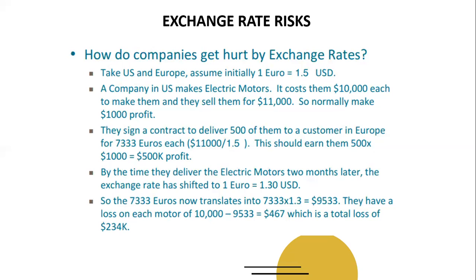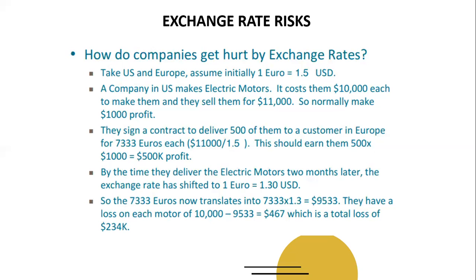So based on today's exchange rate, I will pay you 7,333 euros for every single electric motor that I buy. And the way they did that is they took 11,000, which was the selling price, and they converted it into euros. So basically they divided it by the exchange rate of 1.5. And so they said, okay, we'll pay you 7,333.